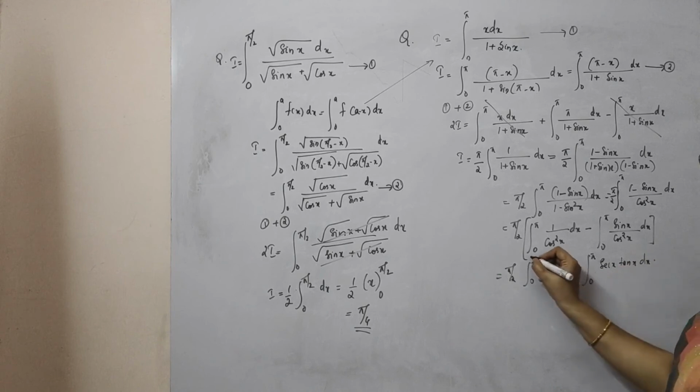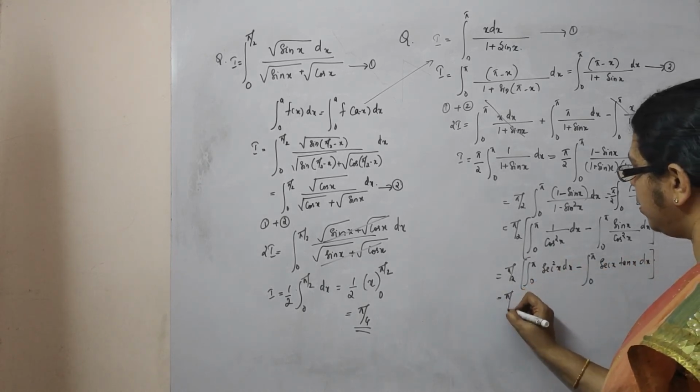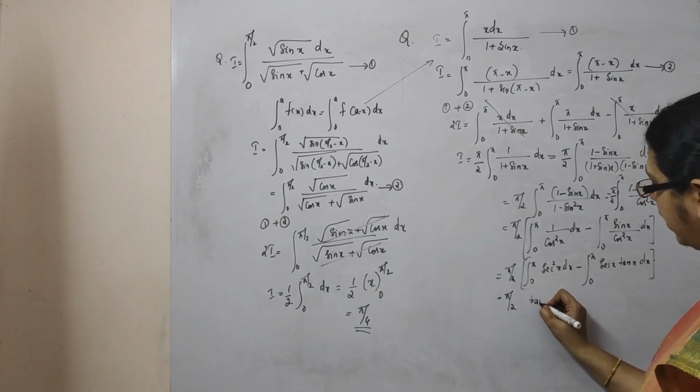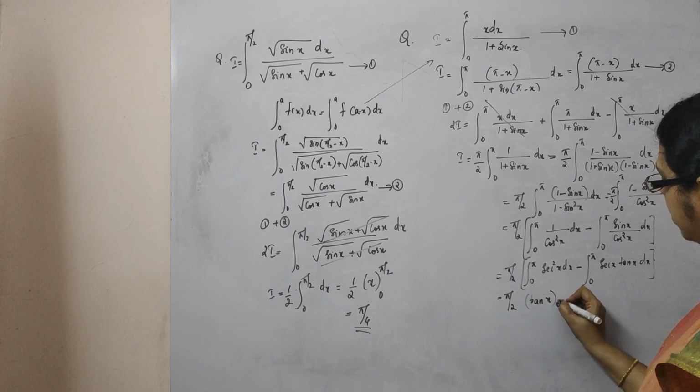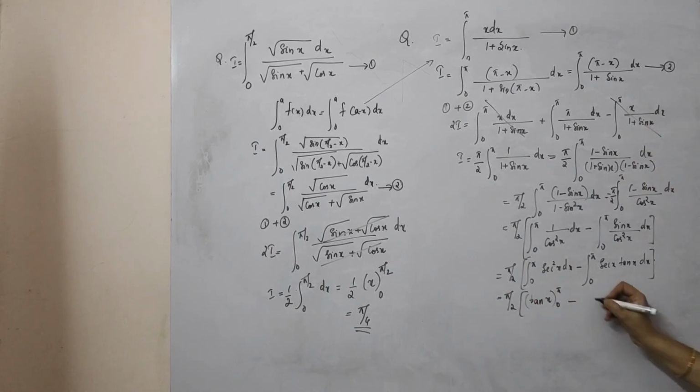Now I integrate it. Pi by 2 is common to both these terms. What is the integral of sec squared x? We know that it is tan x, within the limit 0 to pi. Minus, what is the integral of sec x tan x? That is sec x within the limit 0 to pi.